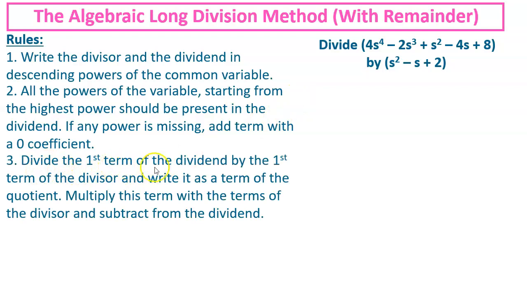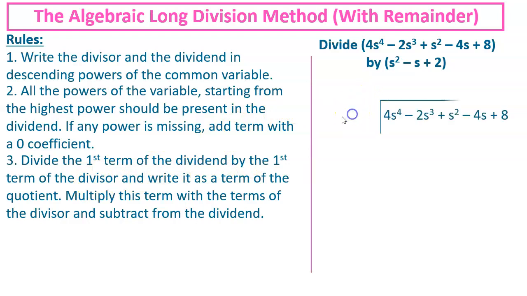Divide the first term of the dividend by the first term of the divisor. But first of all, let us write the dividend and the divisor in their proper places. Okay. So this is the dividend and this is the divisor. And now divide the first term of the dividend by the first term of the divisor and write it as a term of the quotient.